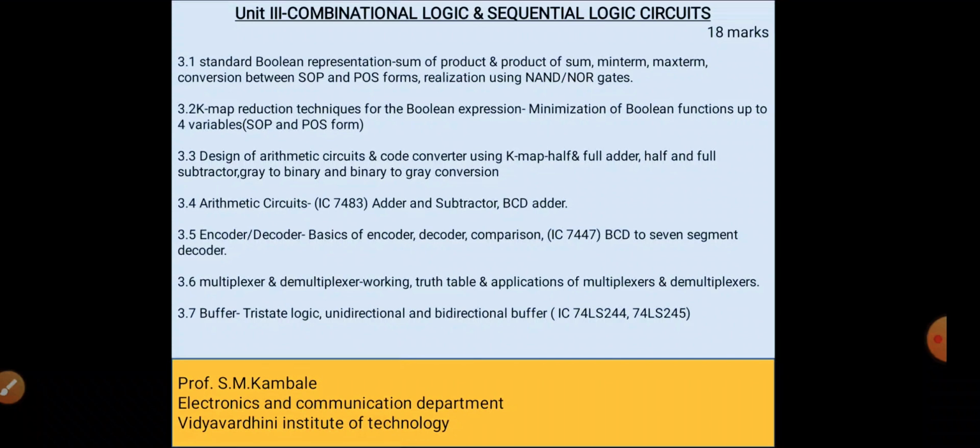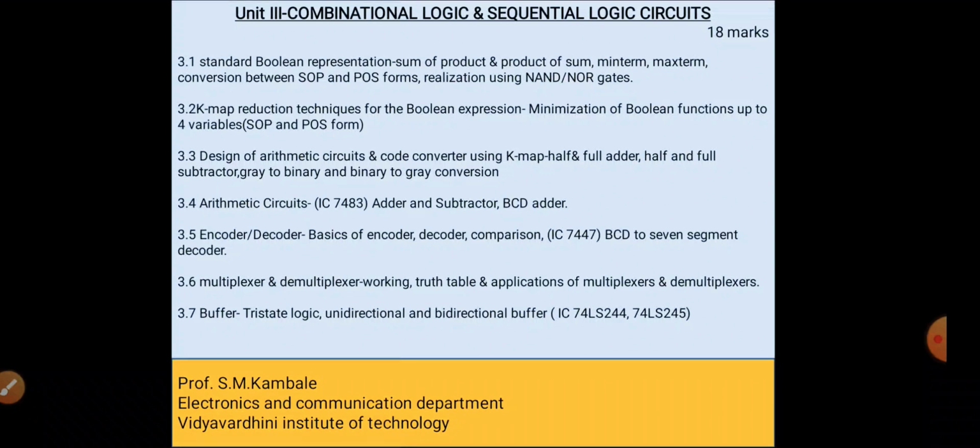In the addition, we represent the summation. In the subtraction, we represent the difference. If there are 3 inputs, like A, B, C, then the adder is called a full adder. If there are 3 inputs A, B, C, then the subtractor is called a full subtractor.